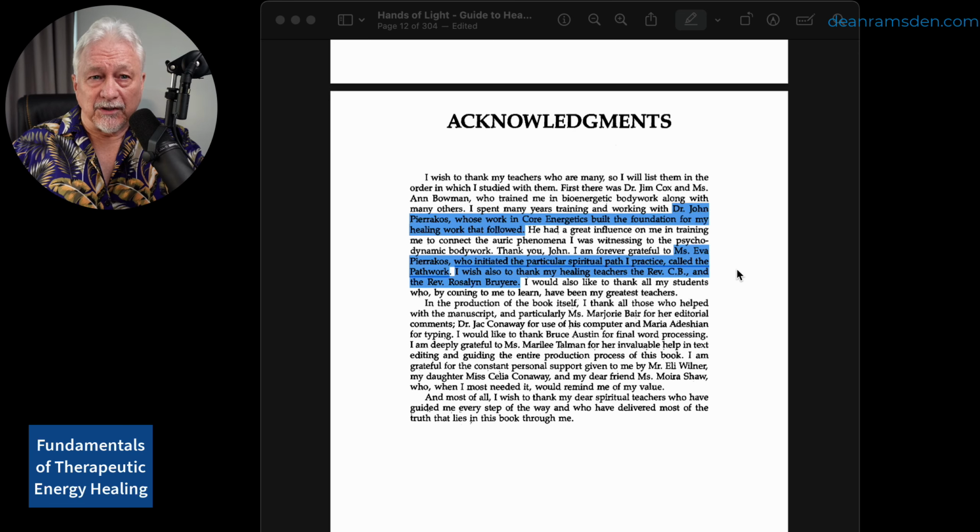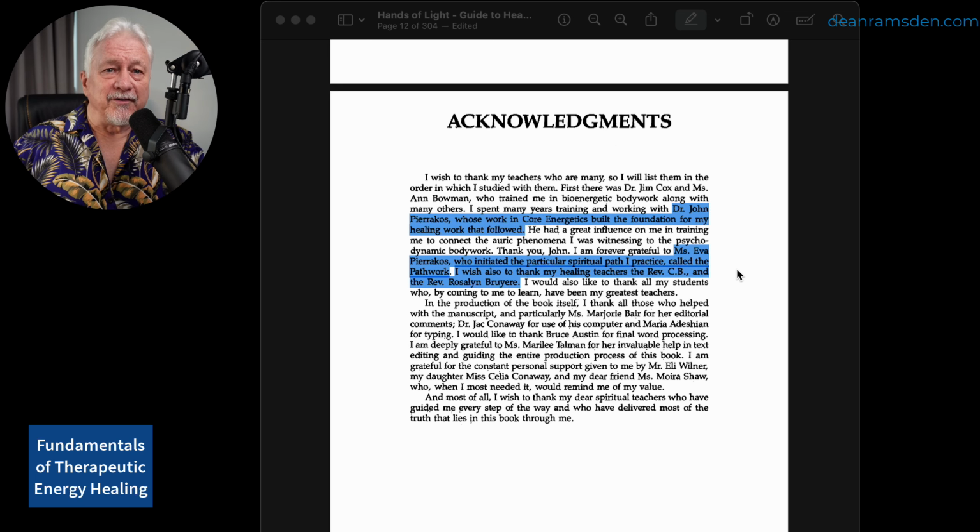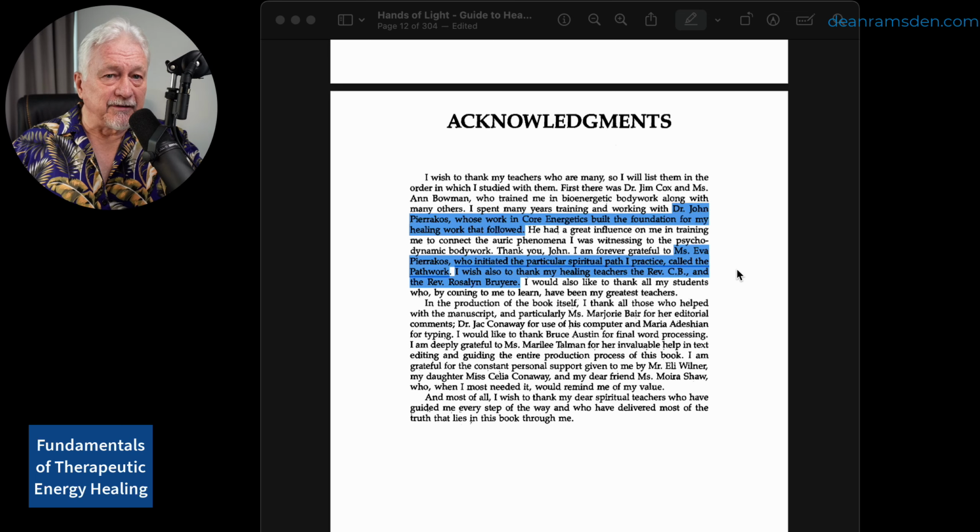Very different approaches, and I found the complementary approaches very stimulating to my own process as a new healer, as a growing healer. So late 1980s, early 1990s.